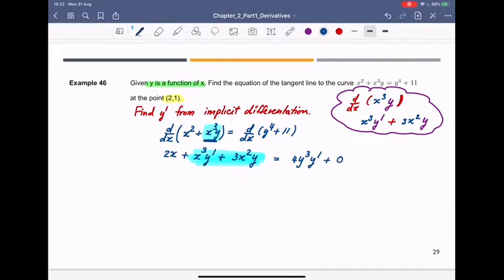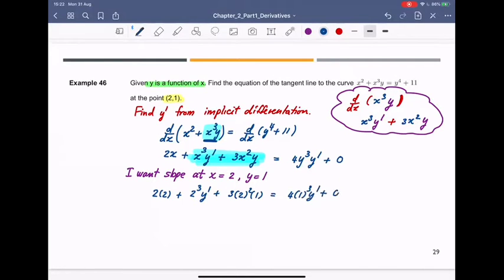Once you have this, if you want, you can simplify until y prime equals something good. But I can go faster, because all I want is the slope at x equal to 2, y equal to 1. That means I can plug x equal to 2 and y equal to 1 into the equation immediately.